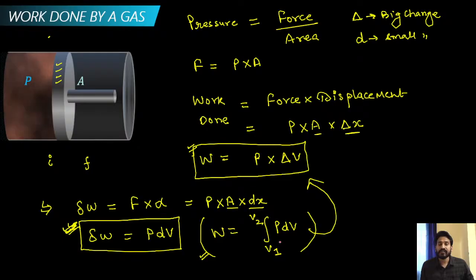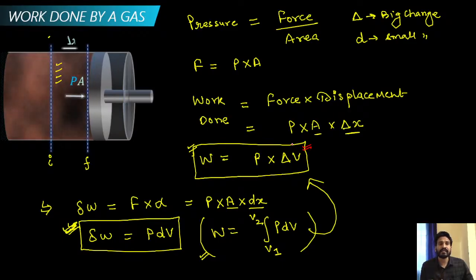After the integration, if we know the initial volume and the final volume, then by solving this integration I get W is equal to P delta V. But P delta V is not the general formula. It is the formula considering that pressure is a constant quantity, right? I'm clear with this, right? So in the last class we have taken some examples.